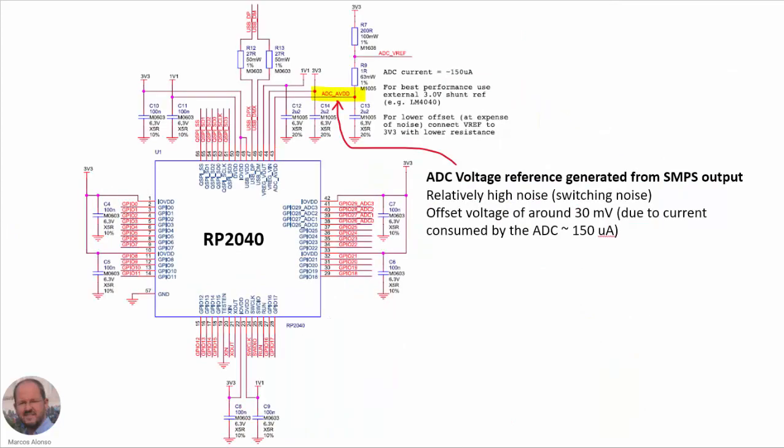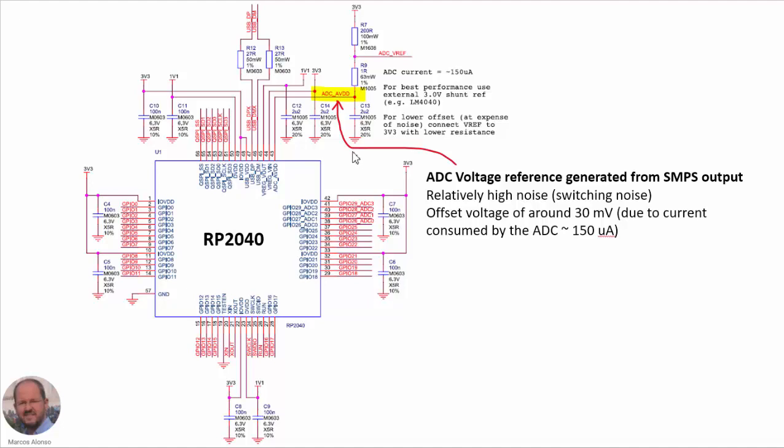Here we can see the rest of the circuitry of the board corresponding to the microcontroller itself, the RP2040. We can highlight here the circuitry corresponding to the ADC voltage reference. As we can see, the voltage reference is generated from the output of the switch mode power supply, here generating this 3.3 volts. So we can make two remarks here.